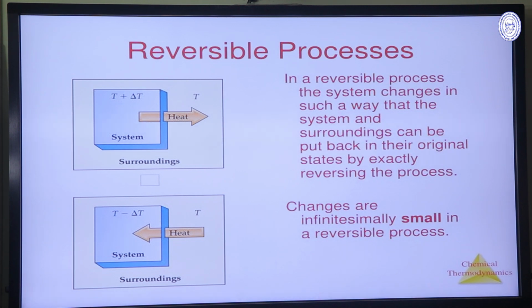That means, if A has converted to B and B to C and C to D, if it is a reversible process, then the moment D wants to convert to A, it has to revert the entire process, following the same conditions. If it is forming any small intermediates, it has to form those intermediates at the same time in the same amount, and then only we can call such a process a reversible process.